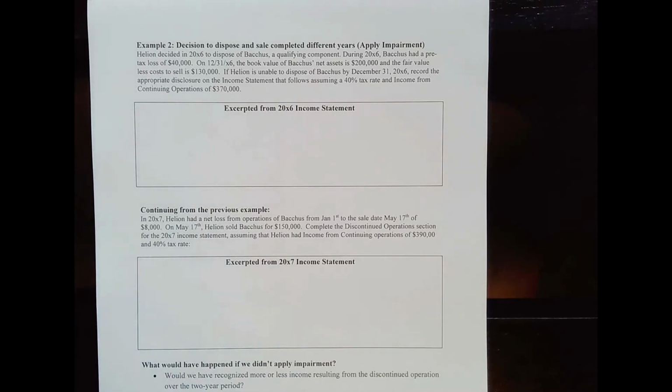So we have the book value of net assets, and we have the fair value of net assets less the cost to sell. If Hillian is unable to dispose of this discontinued component, record the appropriate disclosure on the income statement, assuming a 40% tax rate and income from continuing operations of $370,000.